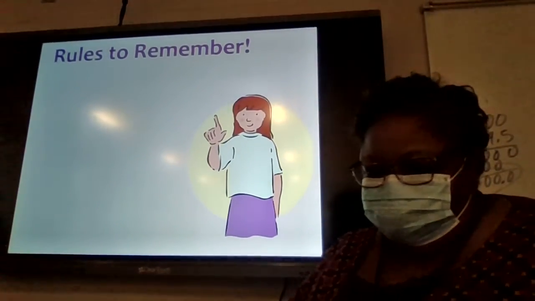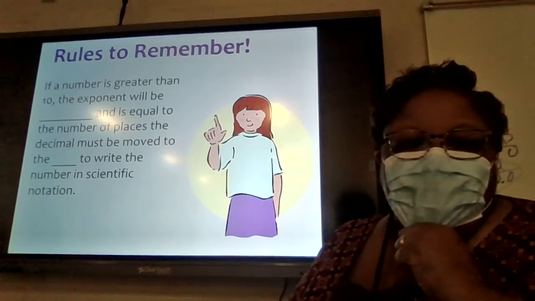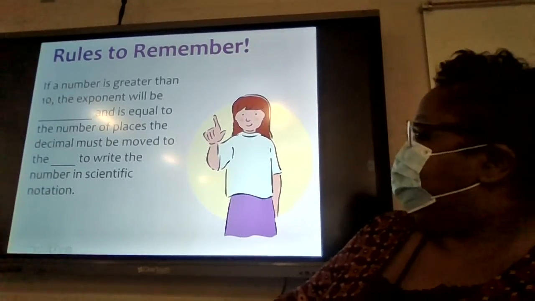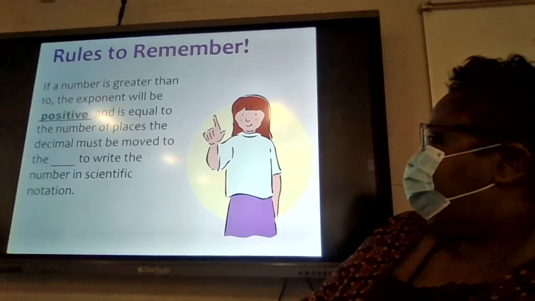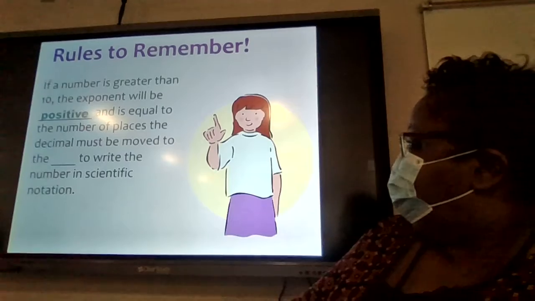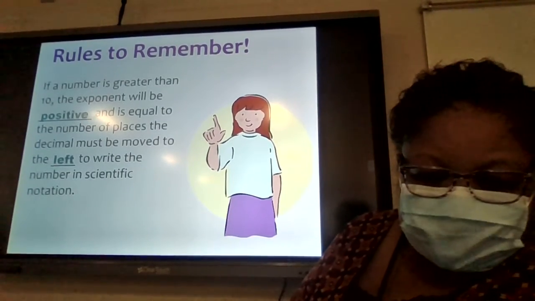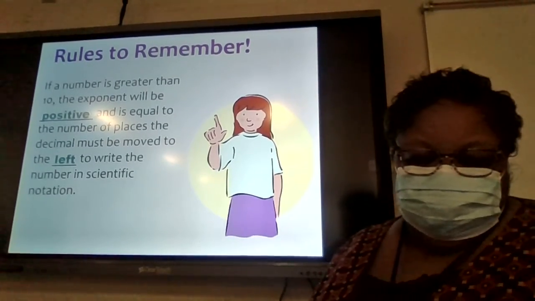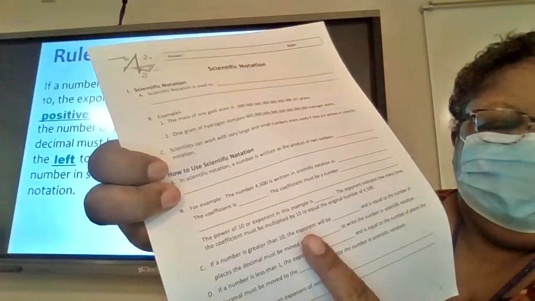Okay, rules to remember. If a number is greater than 10, the exponent will be positive and is equal to the number of places the decimal must be moved to the left to write the number in scientific notation. So that is C, 2C. You're going to just fill in the blank right there.